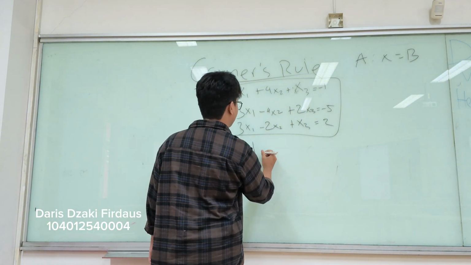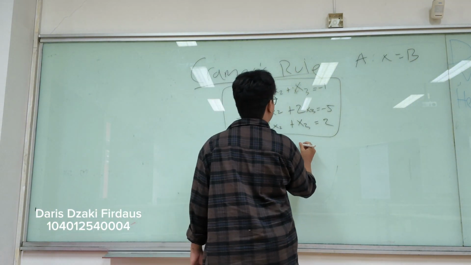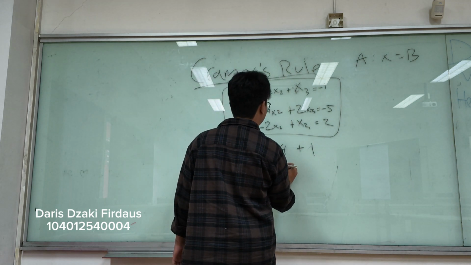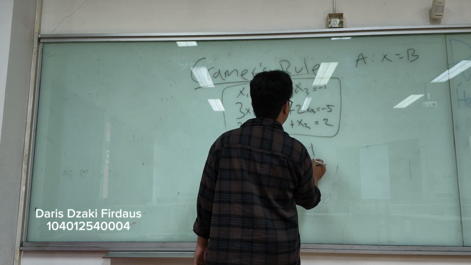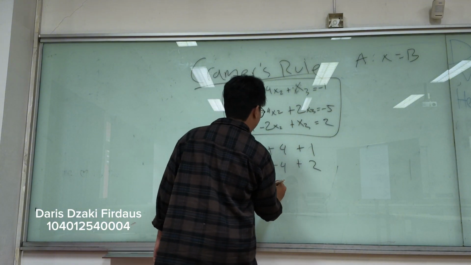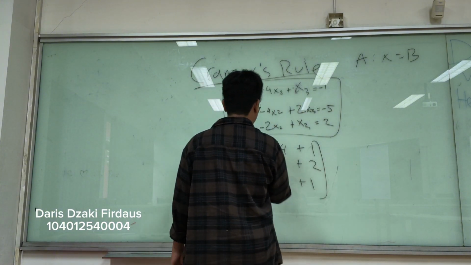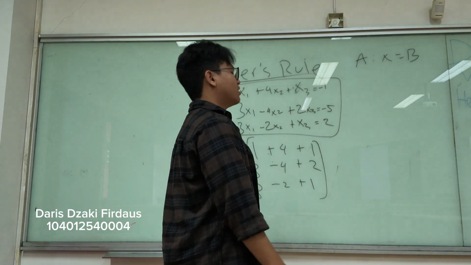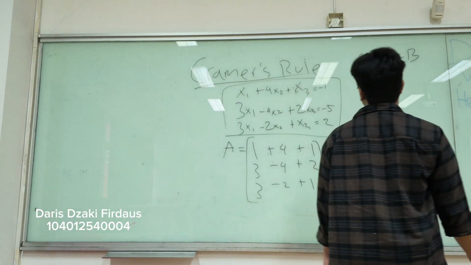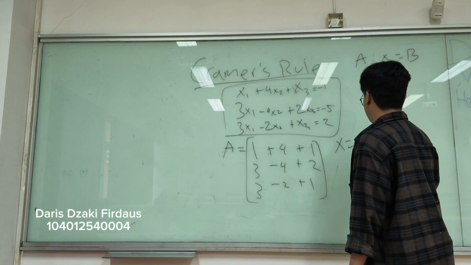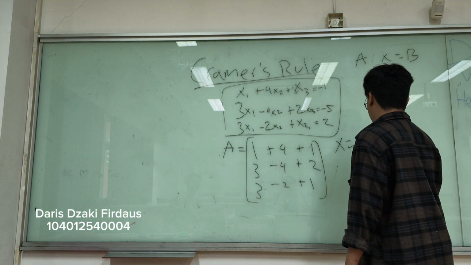The first is 1, 4, 1, 3, minus 4, plus 2, 3, minus 2, plus 1. So this is our basic 3 by 3 matrix, and then there is x1, x2, and x3.